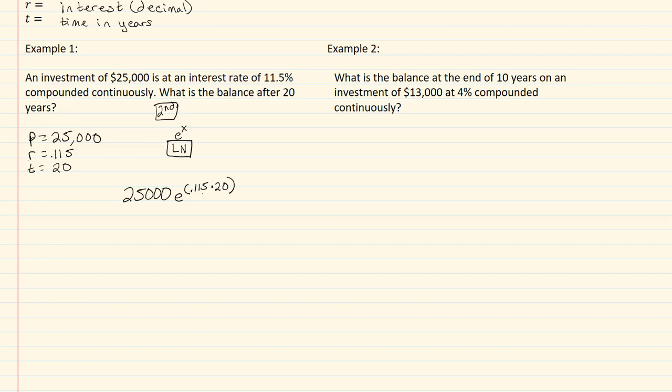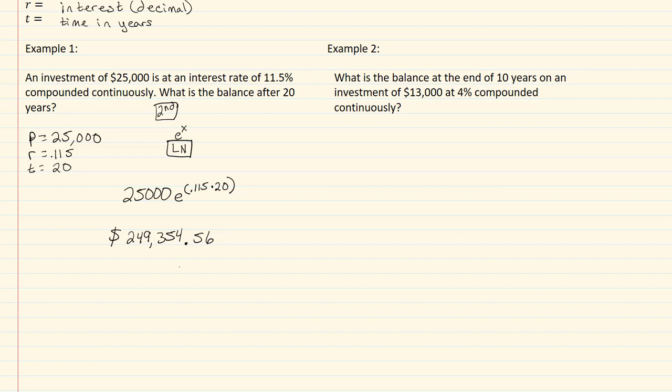Once we've done that, we can hit enter to get our amount, and we're going to get that this is $249,354. Again, round to your 2 decimal places, which will be 0.56.